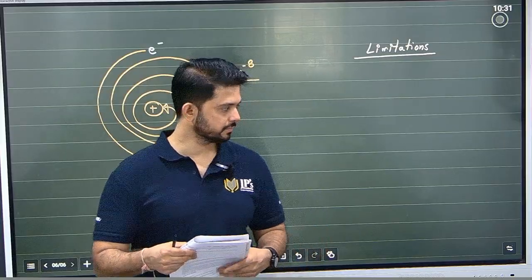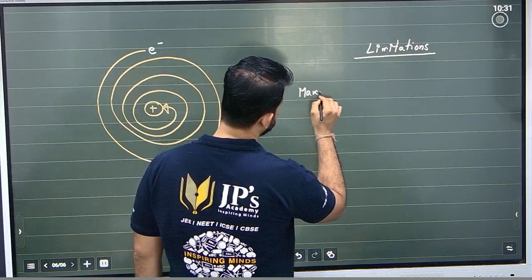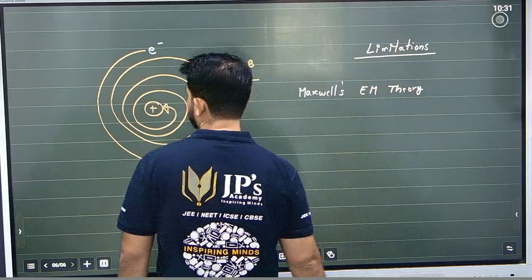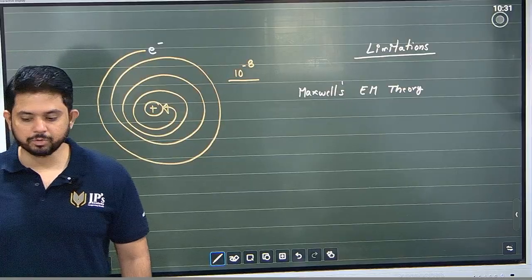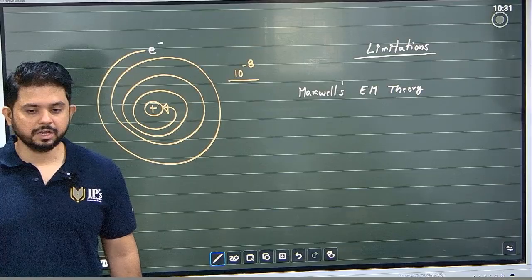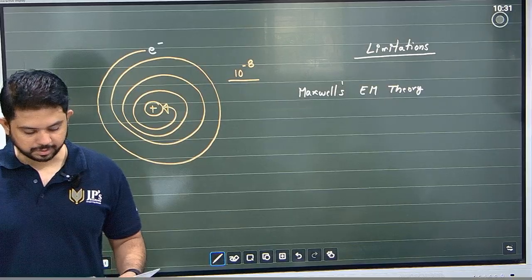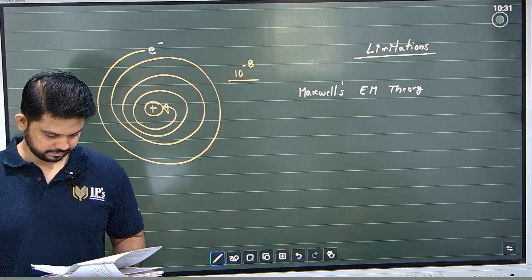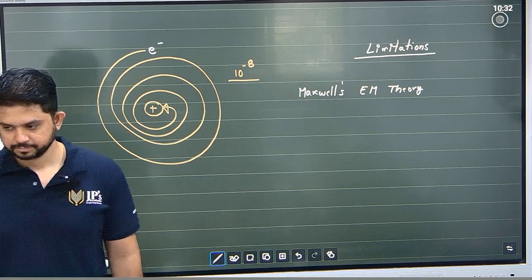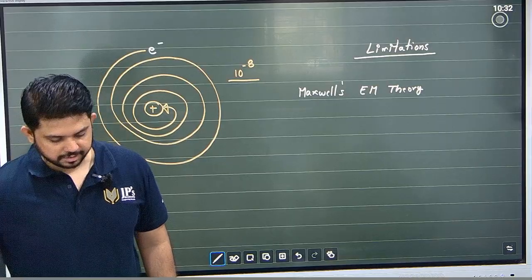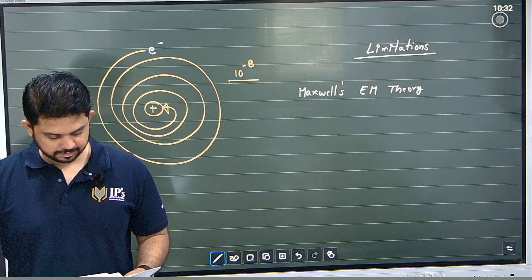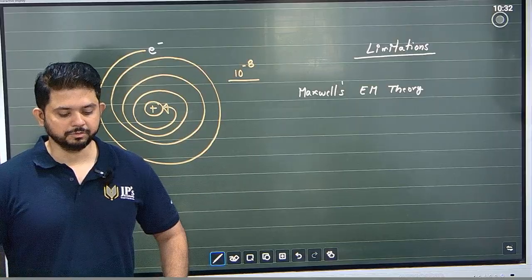According to Maxwell's electromagnetic theory, when a charged particle revolves around another charged particle, it emits energy in the form of radiation.